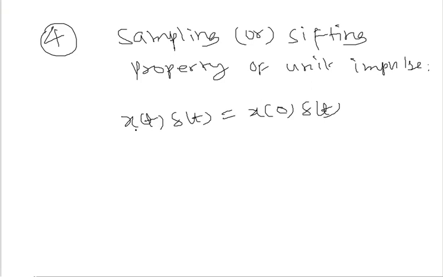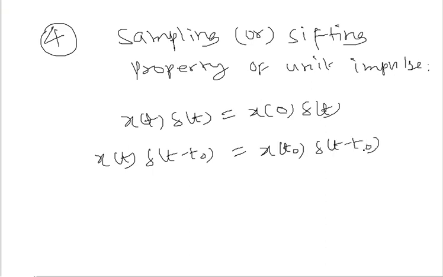We are considering that the signal x of t is continuous at t equal to 0, and x of t into delta of t minus t naught will be equal to x of t naught into delta of t minus t naught, considering that x of t is continuous at t equal to t naught. And if we integrate this, we will get the integral of x of t into delta t dt is equal to x of 0.